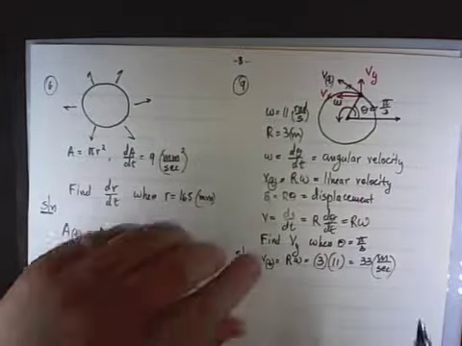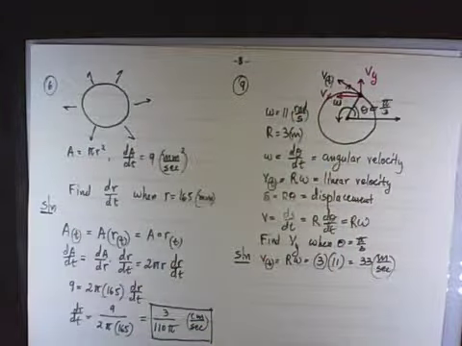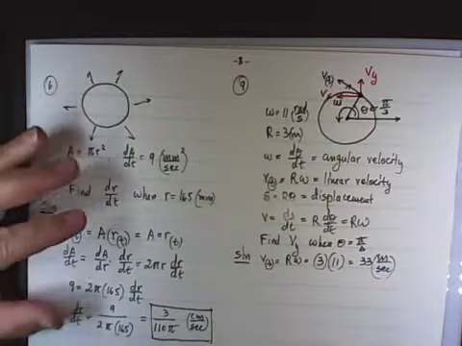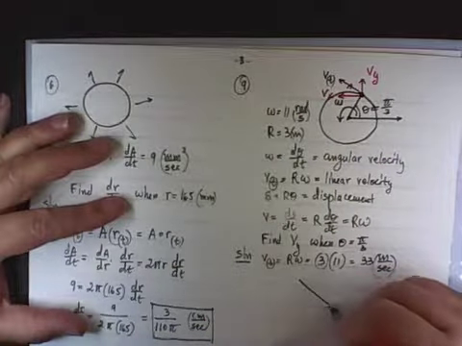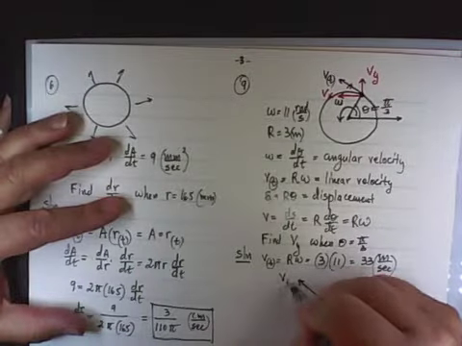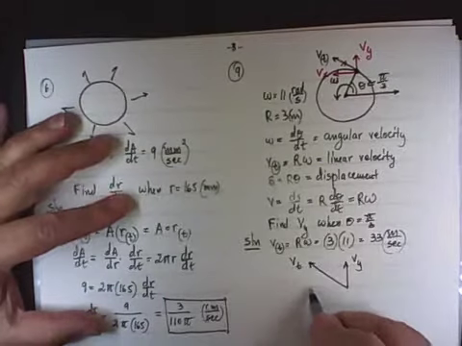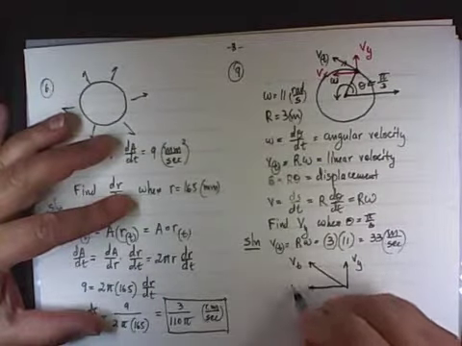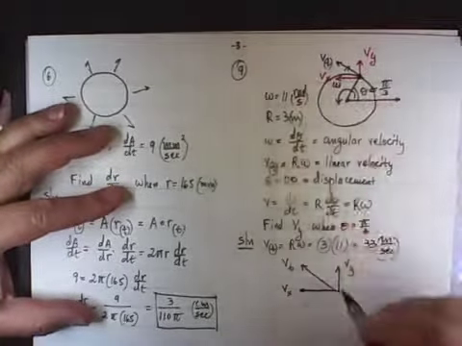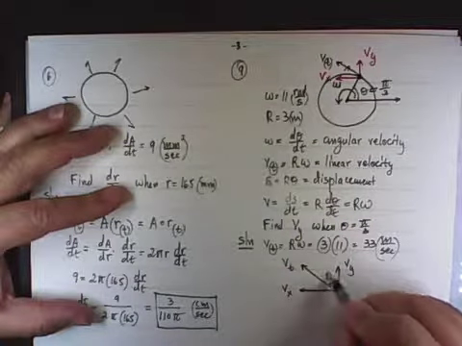Now, this is this component. The question is, what is V sub y? If you look at, I'll magnify, this is V of t, this is V sub y, the vertical component, and this is V sub x, the horizontal component. The angle theta is right here. How do we know that?